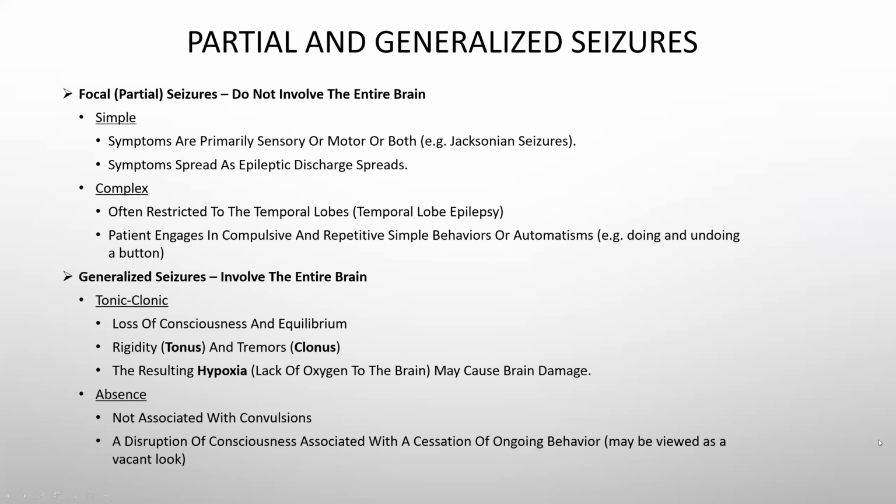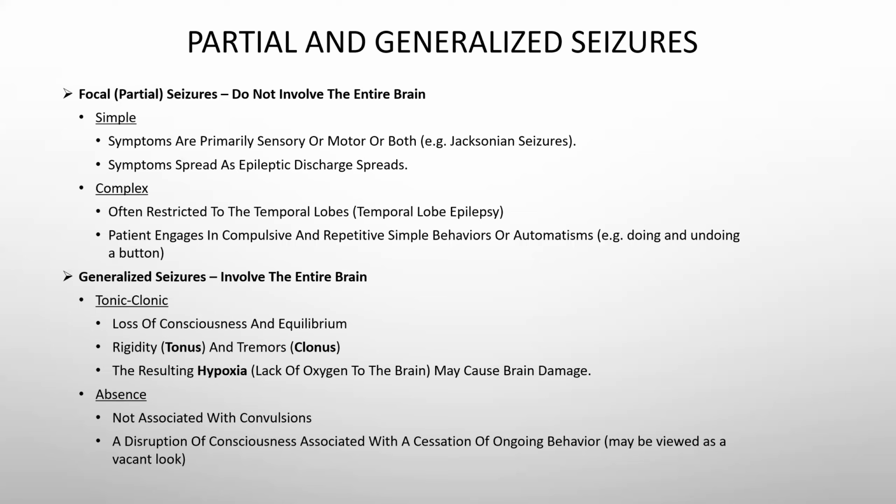Some more specifics here, because epilepsy is studied quite a bit, but it's also very complex. There are focal or partial seizures that do not involve the entire brain, and they are further categorized by simple and complex.